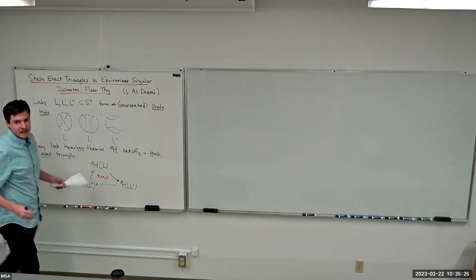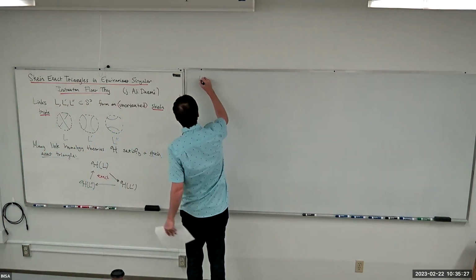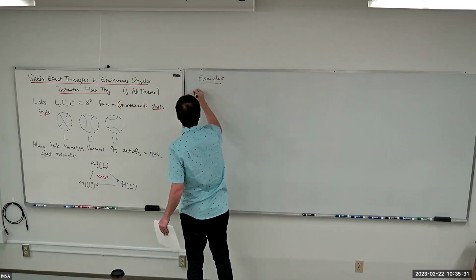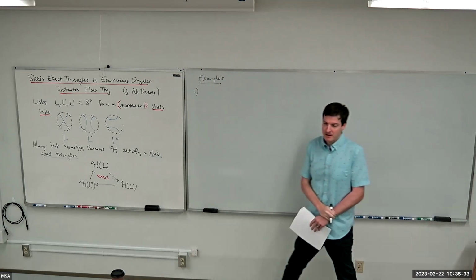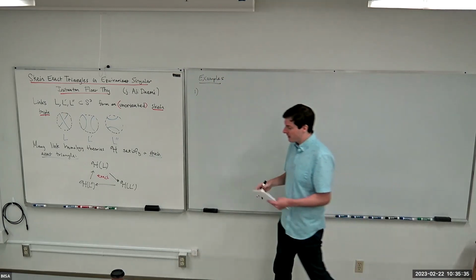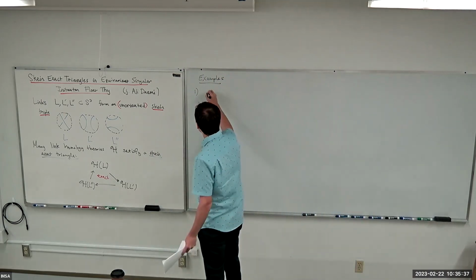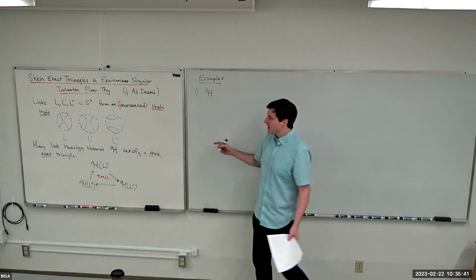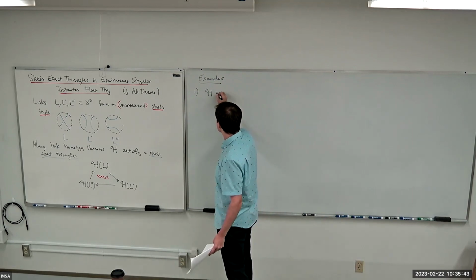And let me just tell you some examples. This will not be an exhaustive list, but these are kind of what I have in mind when I think of Skein exact triangles. So the first one is Khovanov homology satisfies such an exact triangle.